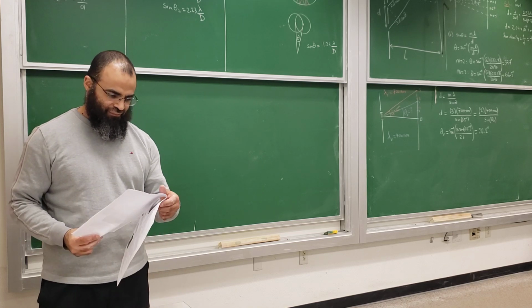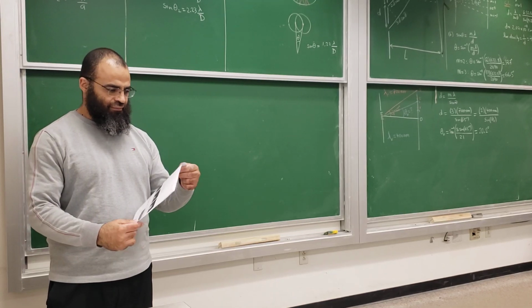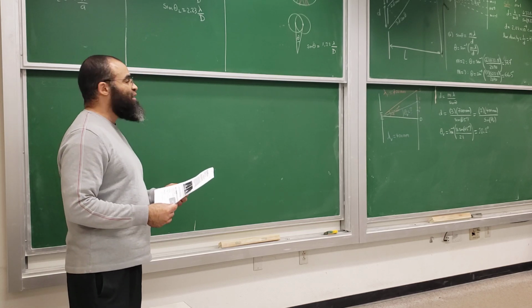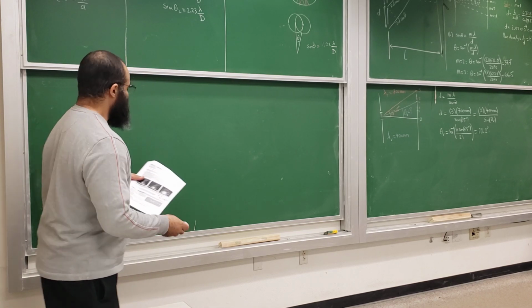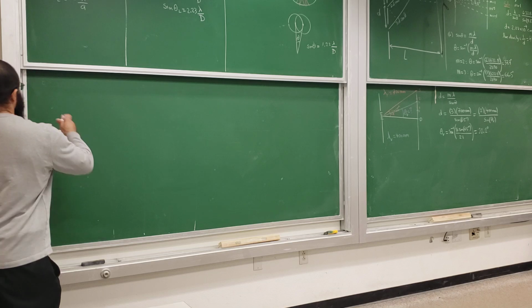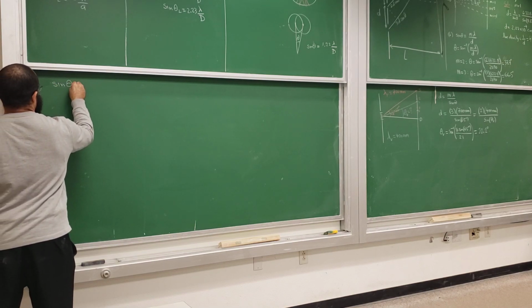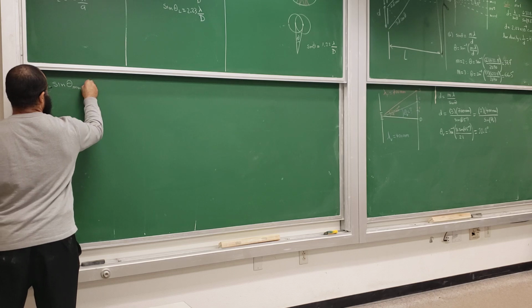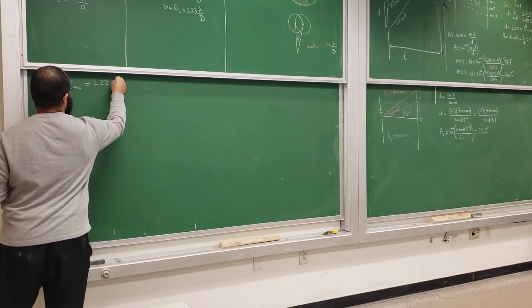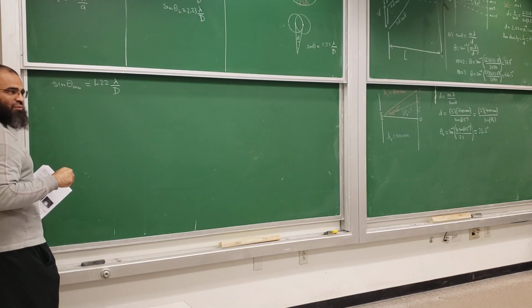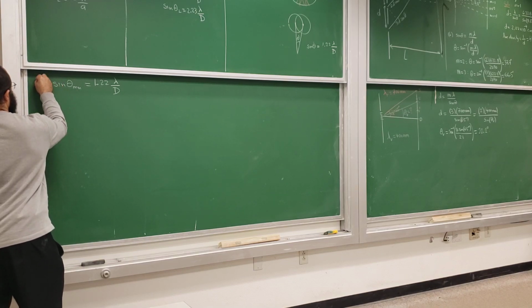So that's the minimum angle, right? Let me write again. Sine of theta minimum, the smallest angle that you can resolve, is 1.22 lambda over d. And usually this angle is very small, so sine theta is basically equal to theta.